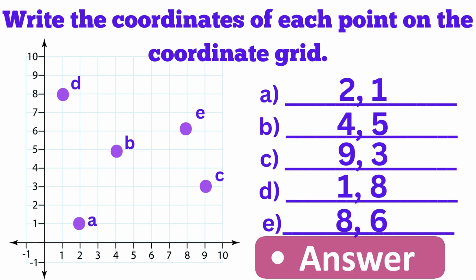Let's get to the answers. The ordered pair, or coordinates, for point A is 2 and 1. For B, it is 4 and 5. For C, 9 and 3. D, 1 and 8. And for E, the ordered pair is 8 and 6.